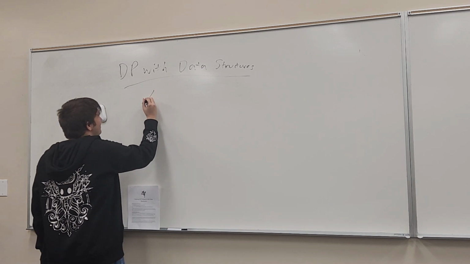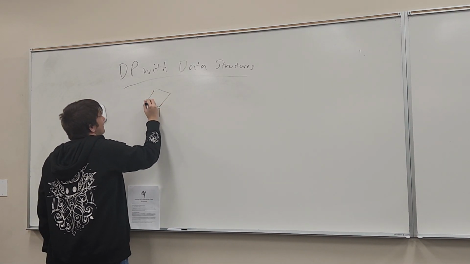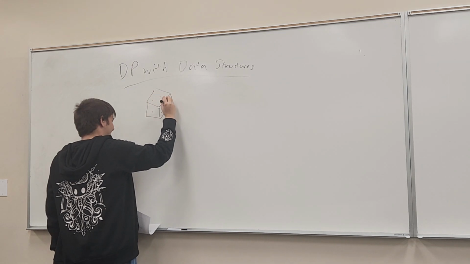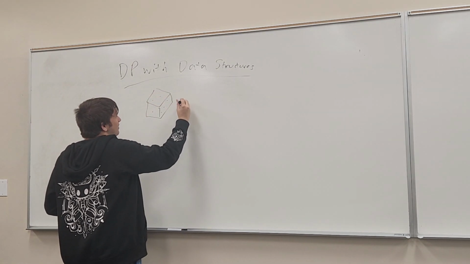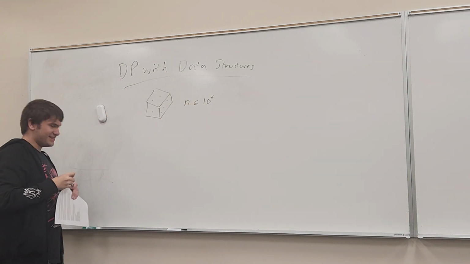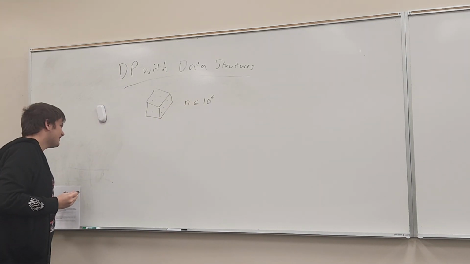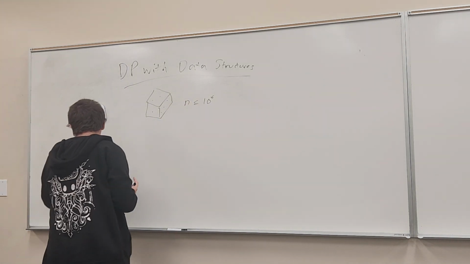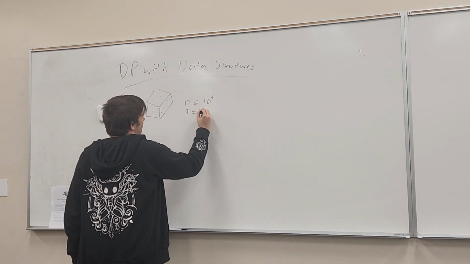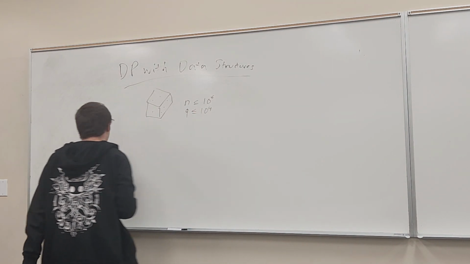So you have a dice, right? This looks like a 6-sided dice, but I swear it has n sides. Trust me, up to 10^6. You are also given Q queries, which is up to 10^4.